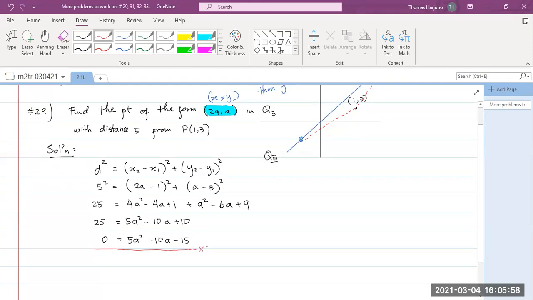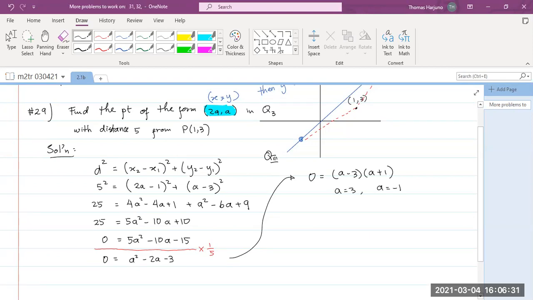So I get 0 equals a squared minus 2a minus 3. And continue on the other side to save some space. So I do factoring now. a minus 3, a plus 1. So a equals 3, a equals -1.